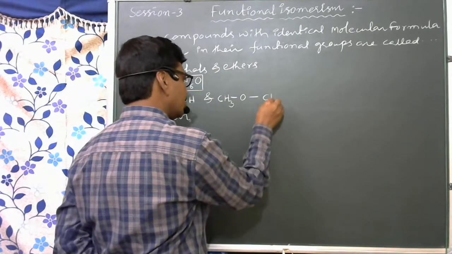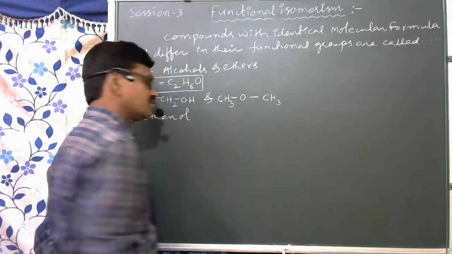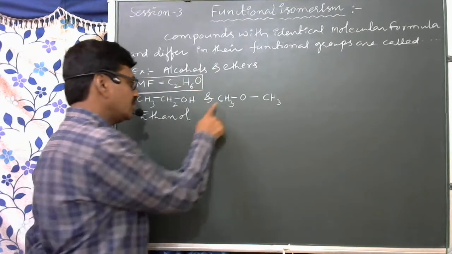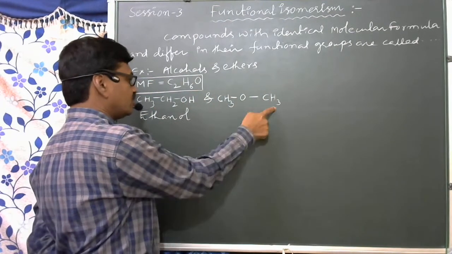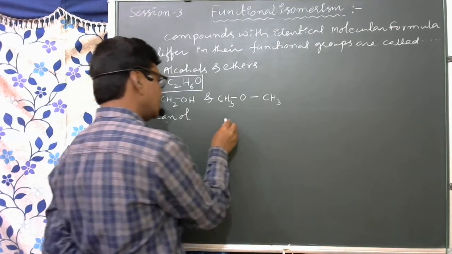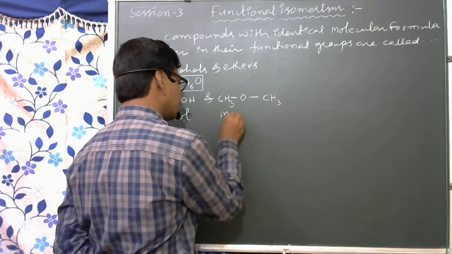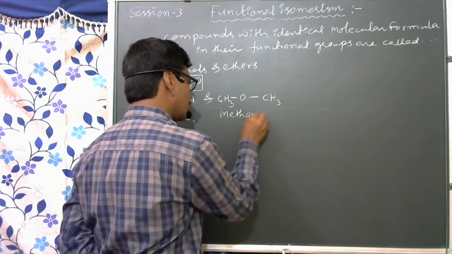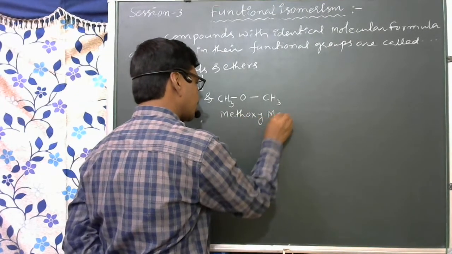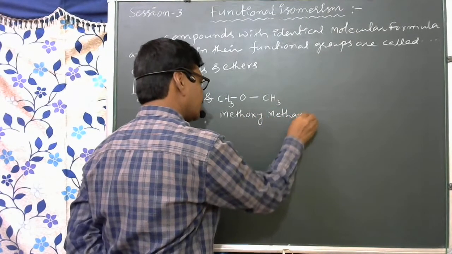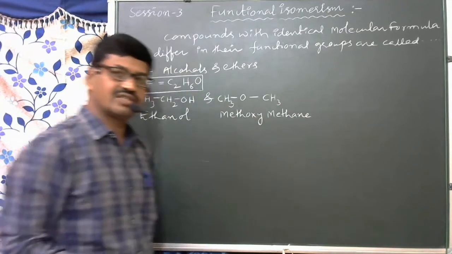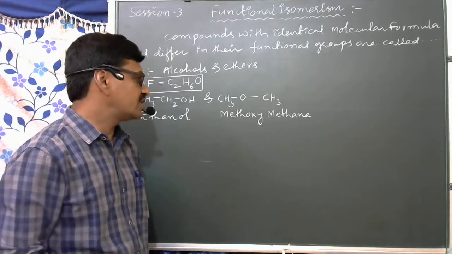It is also terminal, so it is also requiring three hydrogens. Total two carbons, six hydrogens, and oxygen. But this is the methoxymethane, IUPAC name. Otherwise, we can say dimethyl ether. Common name is dimethyl ether.